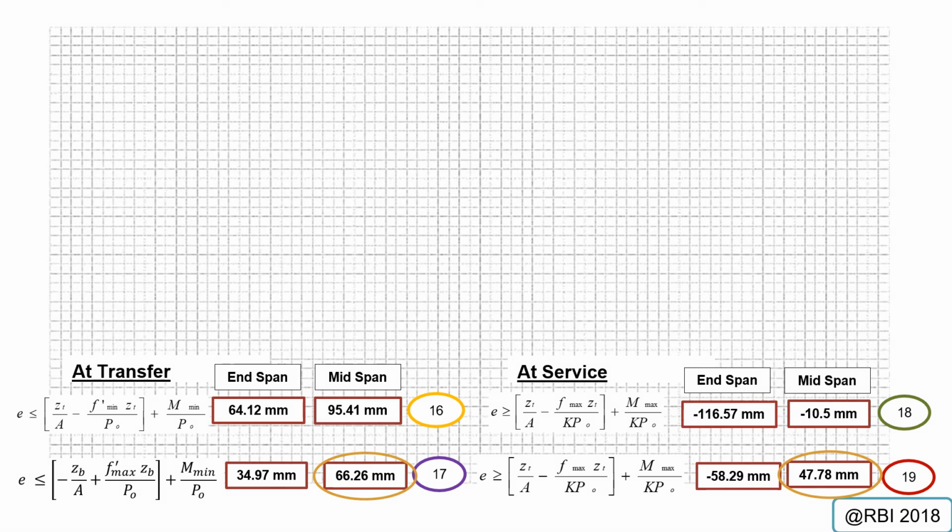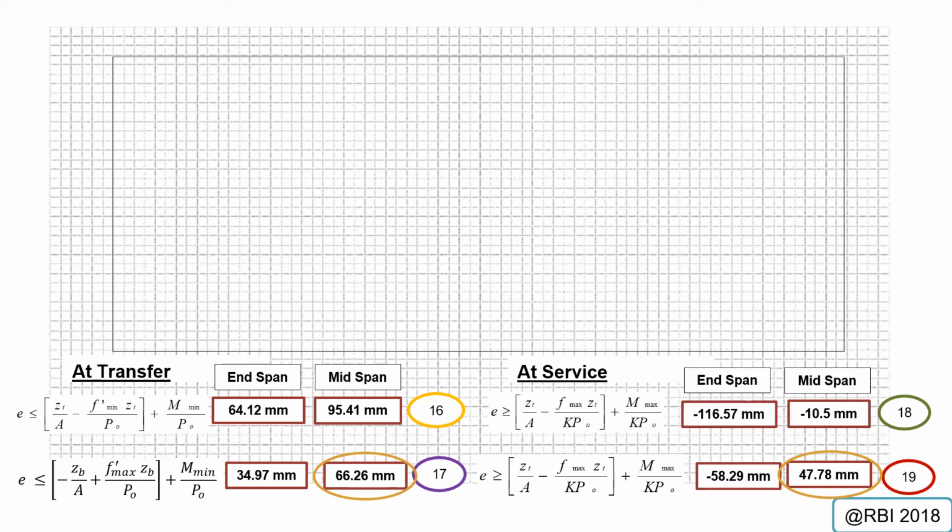Let's take a look at how we construct a tendon profile. First of all, to construct a tendon profile, of course the best is to have graph paper so that you will get accurate values for the position. But if you don't have it, then of course you have to just scale it on a regular paper.